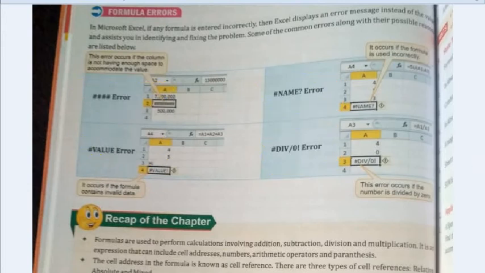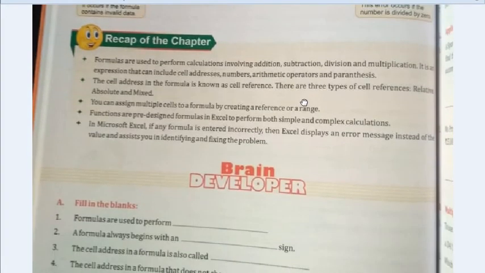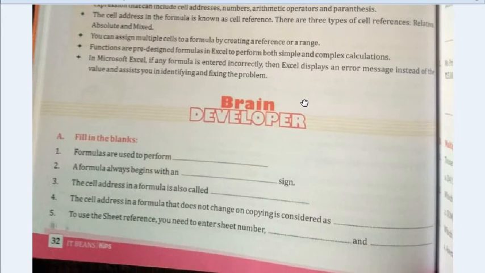Now next. So let's start exercises now. The options are there in the next page also. You can see it from the book, right? So formulas are used to perform calculations, right? Obviously formulas are used to perform calculations.